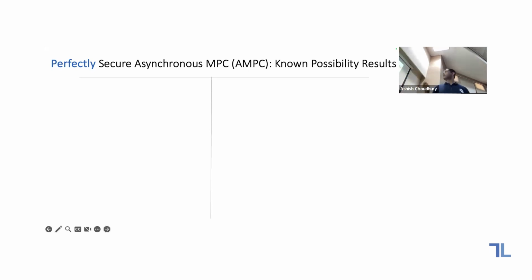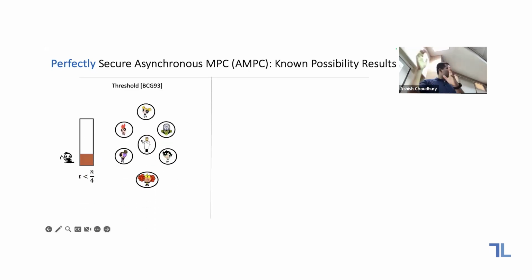So let us see what the known possibility results are in this regime. Let us start with the threshold model. If we consider the threshold model, where the adversary can corrupt up to t parties, then the classical result of Ben-Or, Canetti, and Goldreich from '93 has shown that you can design asynchronous MPC with perfect security as long as up to 1/4 of the parties could be corrupt.